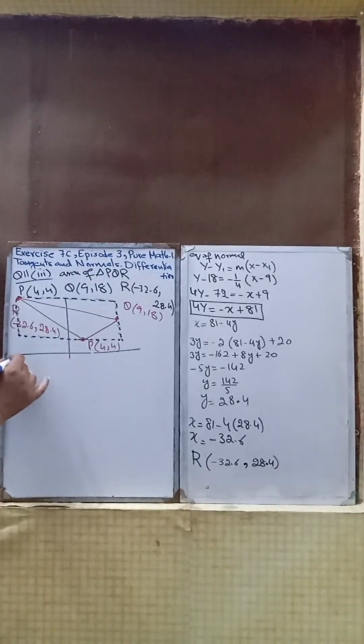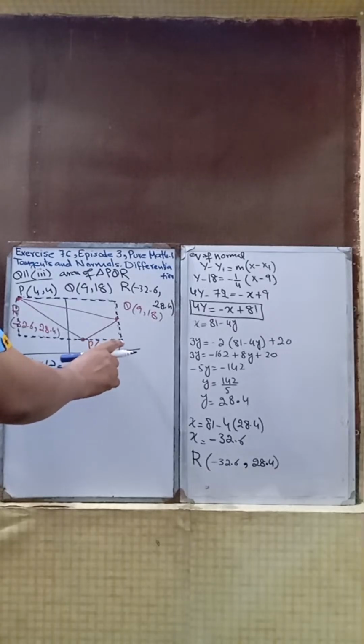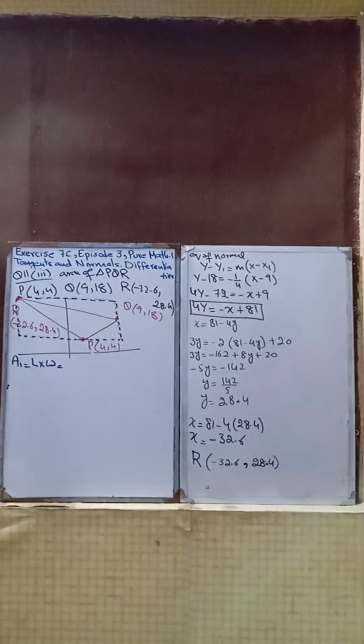Let me call it A1. That is length into width. What is the length? This point, its x is 9. This point, its x is -32.6. So what's the gap between them? It is 32.6 plus 9. It is 41.6.